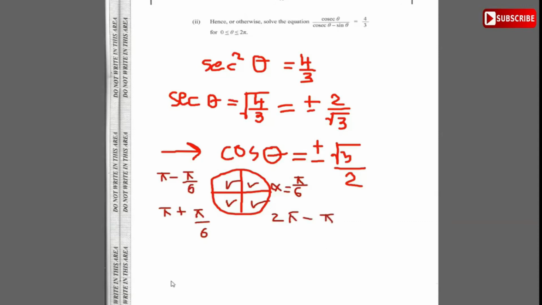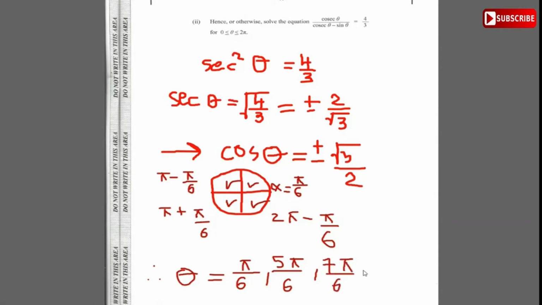So let's write them out now. Therefore, theta is equal to the angle in the first quadrant, pi by 6, comma, the angle in the second quadrant, 5 pi by 6, the angle in the third quadrant, 7 pi by 6, the angle in the fourth quadrant, which is 11 pi by 6.